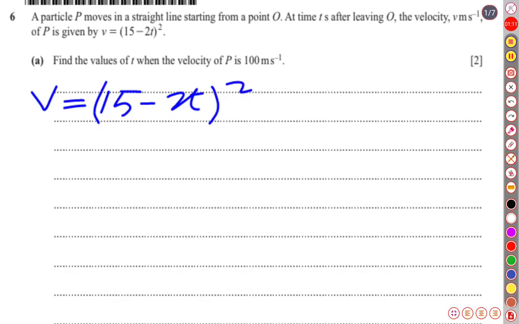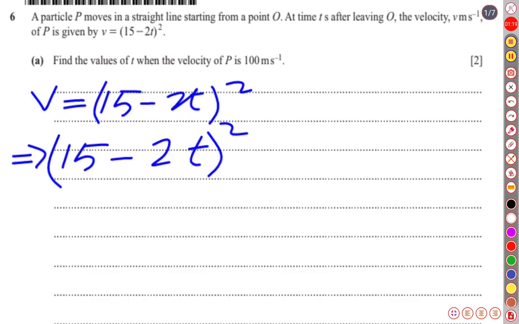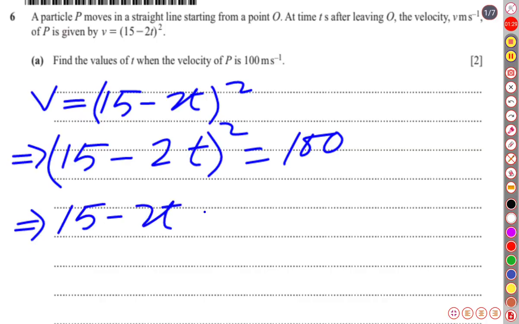So we can write (15 minus 2t) whole squared is equal to 100. If we transpose the square to the other side, it is going to be square root of 100, means positive or negative 10.